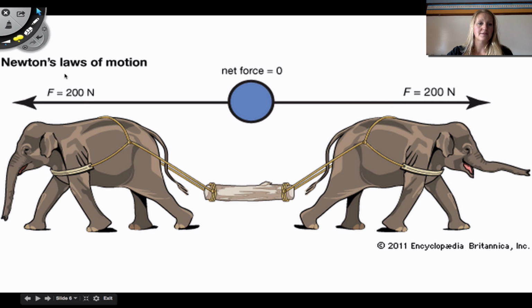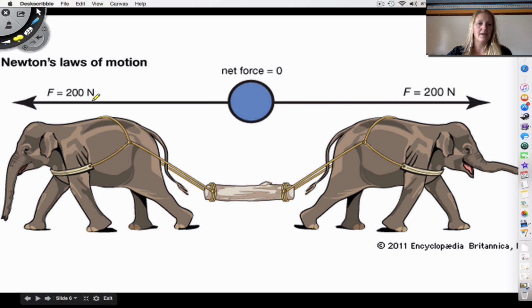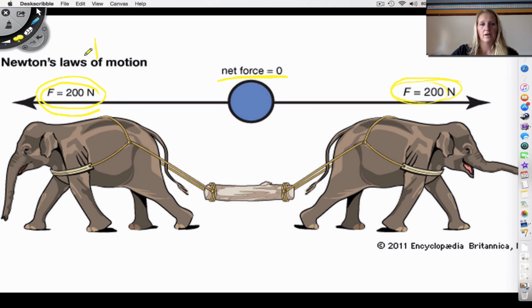Here is an example with some elephants. This elephant is strong enough to pull with a force of 200 newtons. This one is also 200 newtons. So if there is a net force of 0, then there will be no acceleration, no movement whatsoever.